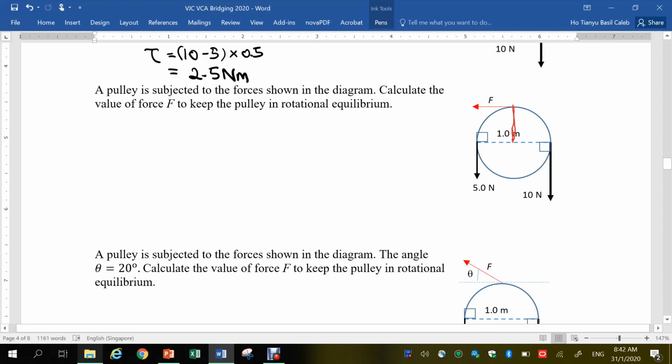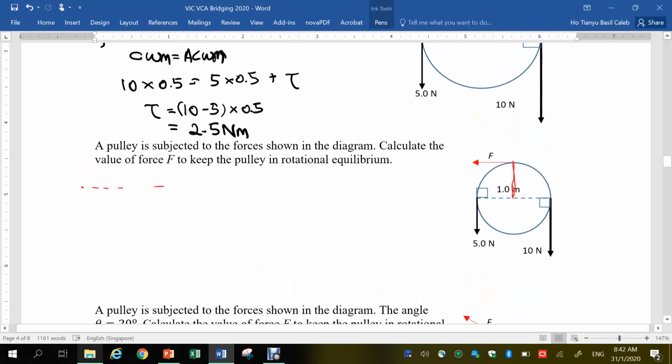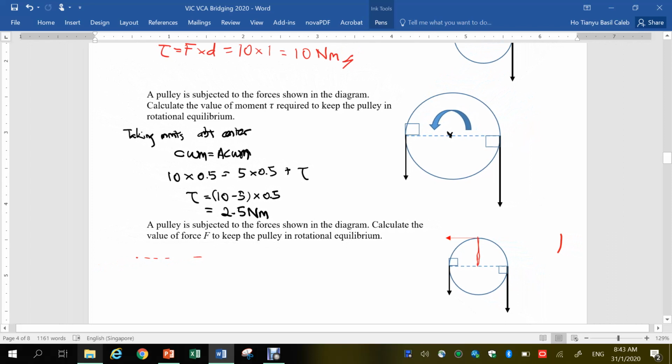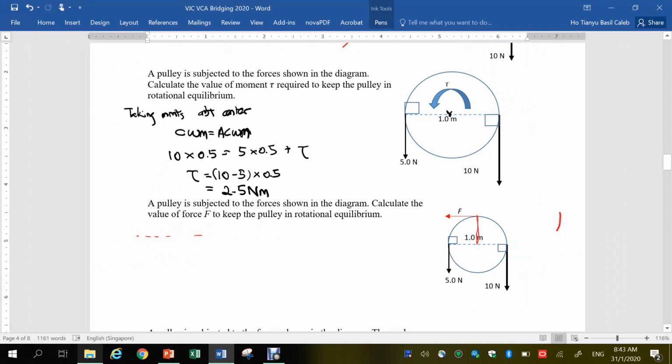So once again, let's take moments about the center. What do we have? Well, we could do the same calculations as above, but by looking at these two examples, we know that they are actually the same situation.